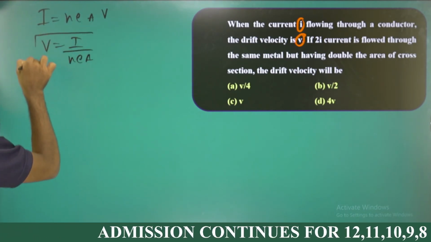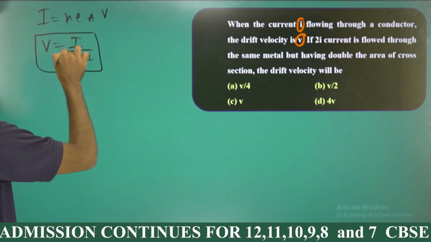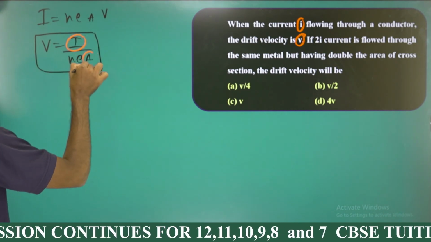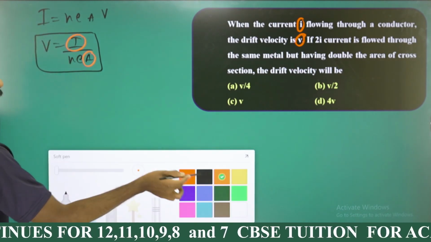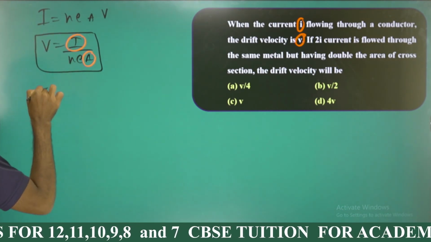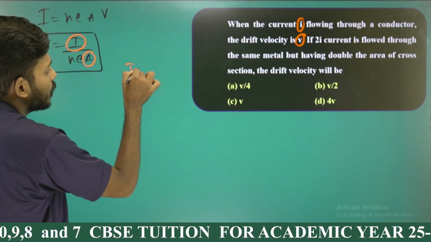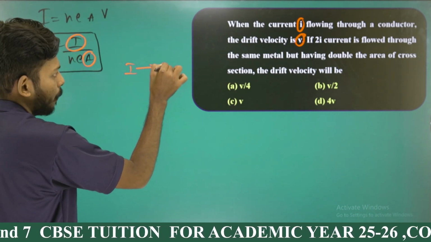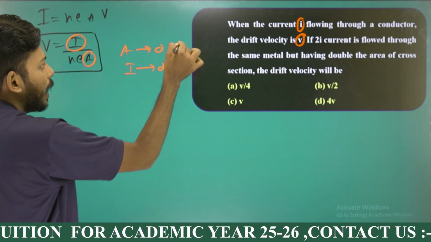The current is I, the area is A. In the second case, I am changing the velocity by changing the current I into 2I, and area A into 2A.